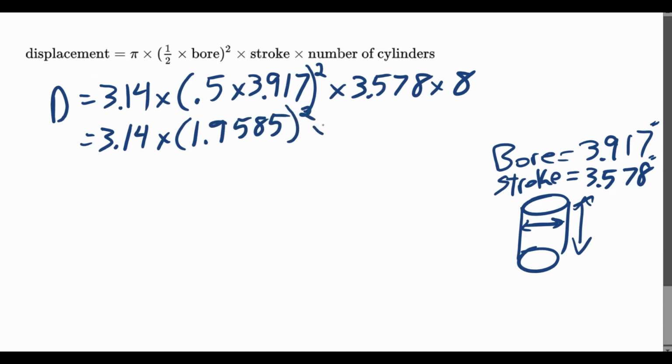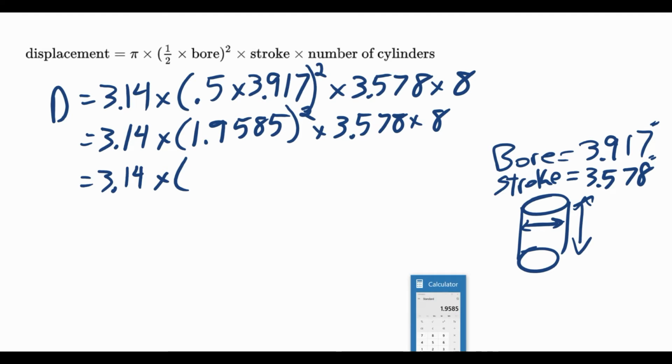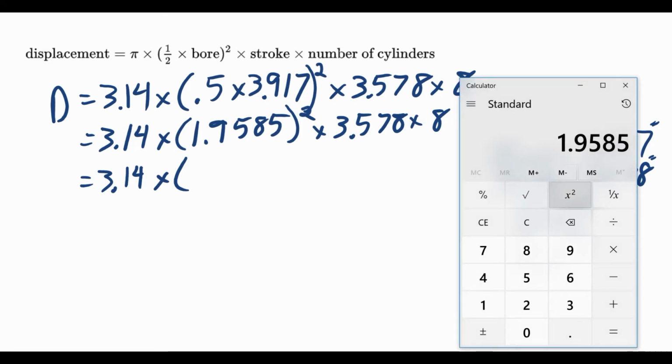That's squared times 3.578 times 8 equals 3.14 times, now what does that come out to? We're going to square that 1.9585, and that's going to give us 3.835.